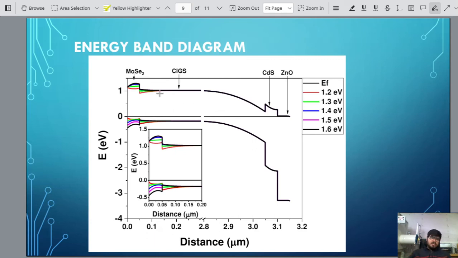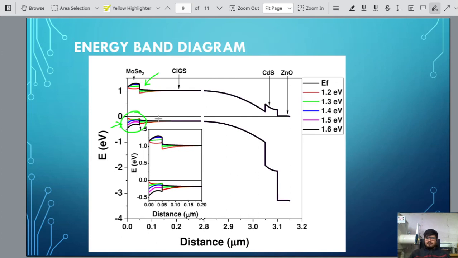Here I have plotted the energy band diagram of the CIGS solar cell, which includes the MoSe2 back contact layer. Now, as we concentrate on the valence band, the back contact acts as a hole collector layer.